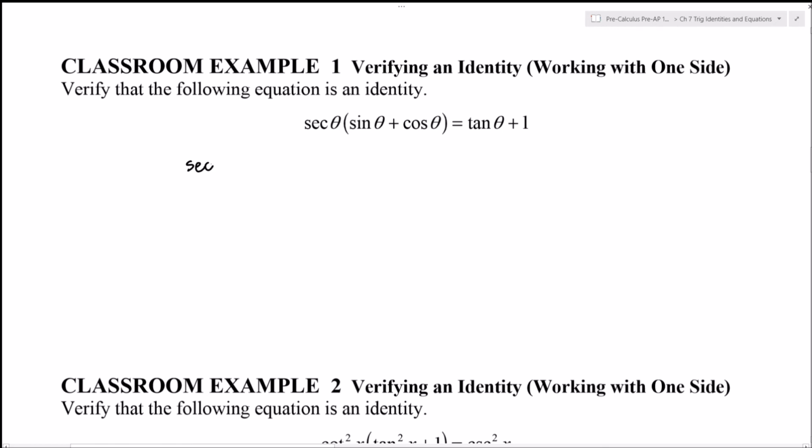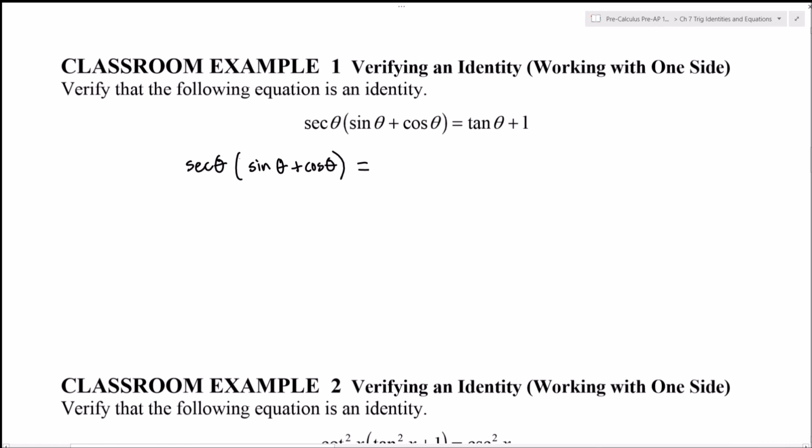Secant theta times sine theta plus cosine theta. And I'm going to say that it's equal to, I'm not going to write the other side of the equation. I'm not going to assume that it's true. I'm going to set it up for some extra work on the right side of this equal sign.